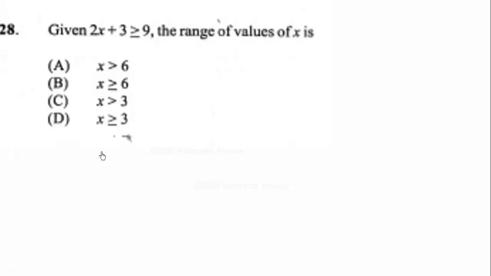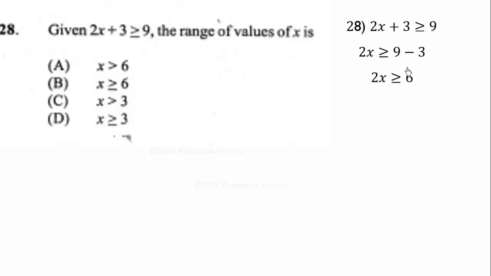Now let's proceed to the next question. Given 2x plus 3 is greater than or equal to 9, the range of values of x is, so we just have to simplify this inequality. Now we subtract 3 from both sides to get 2x is greater than or equal to 9 minus 3.